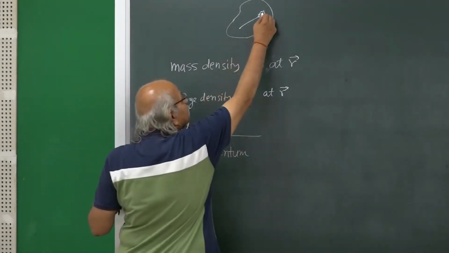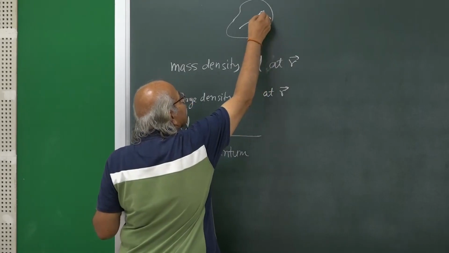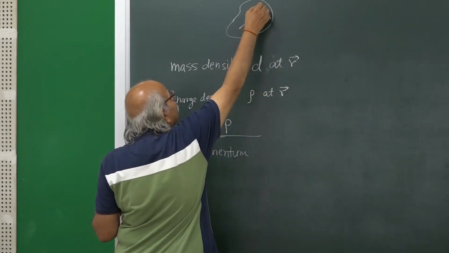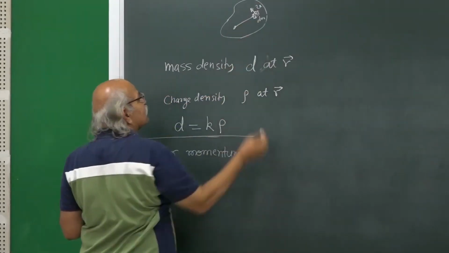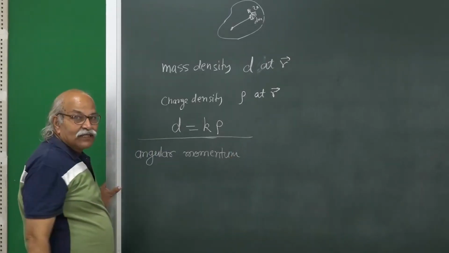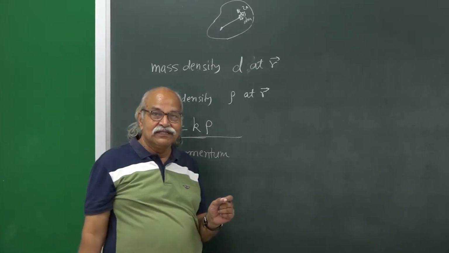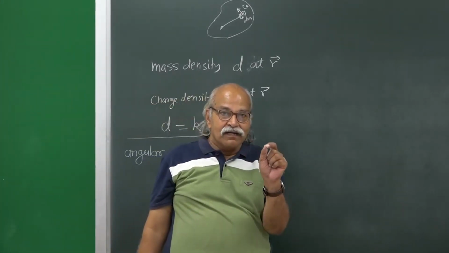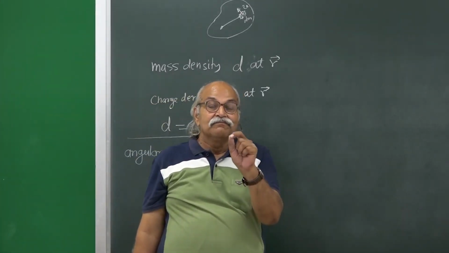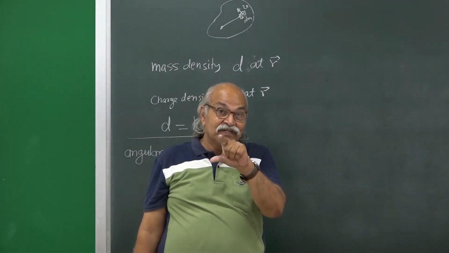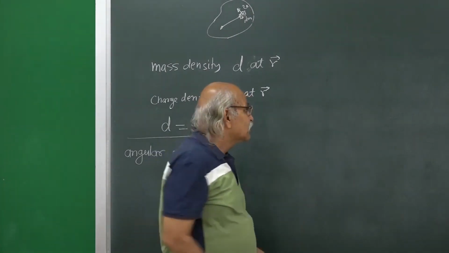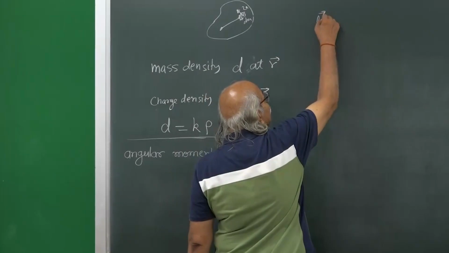So if this is dm, if this mass is dm, and then it is moving with some velocity v, and here is the origin, so the definition of angular momentum is r cross p vector, and p vector is now the linear momentum vector. Remember, L is equal to r cross p.